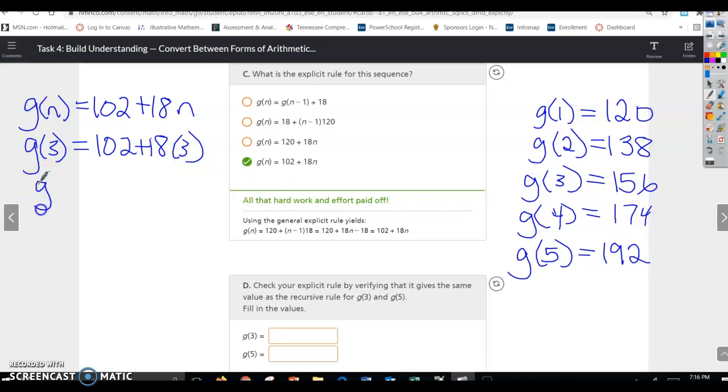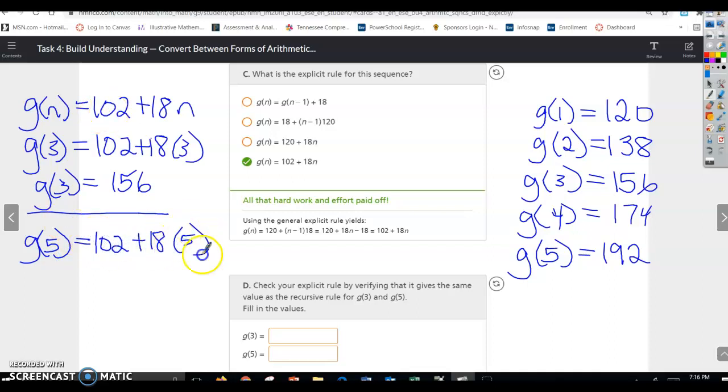So G of 3 is going to be 156. And then we want to find G of 5. So we're going to have 102 plus 18 times 5. And I'm using my calculator here, so you can check me if you want to.